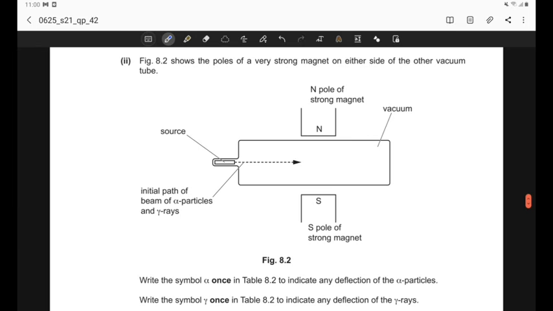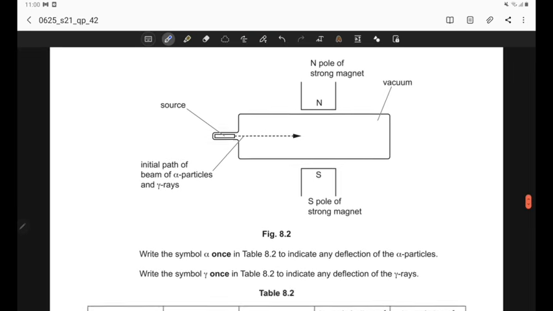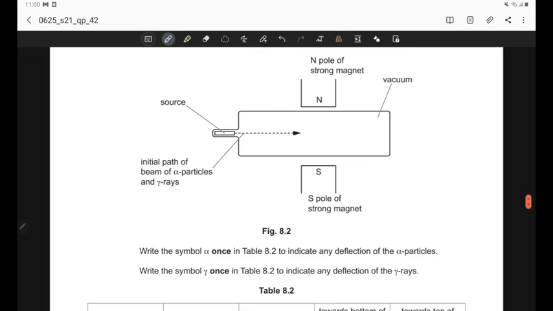Part 2. Figure 8.2 shows the poles of a very strong magnet on either side of another vacuum tube. Write the symbol alpha once in table 8.2 to indicate any deflection of the alpha particle. Write the symbol gamma once in the table to indicate any deflection of the gamma ray.